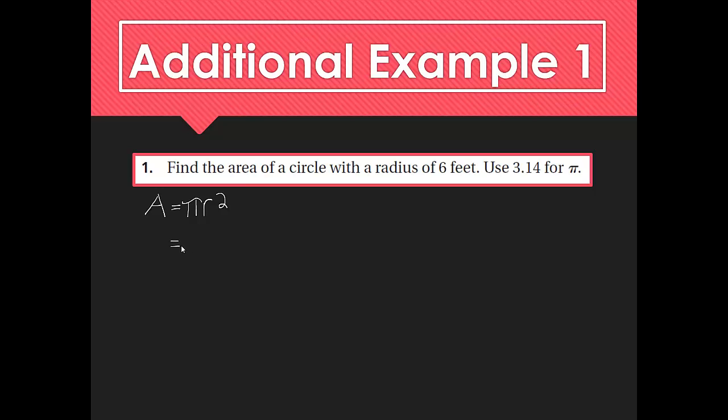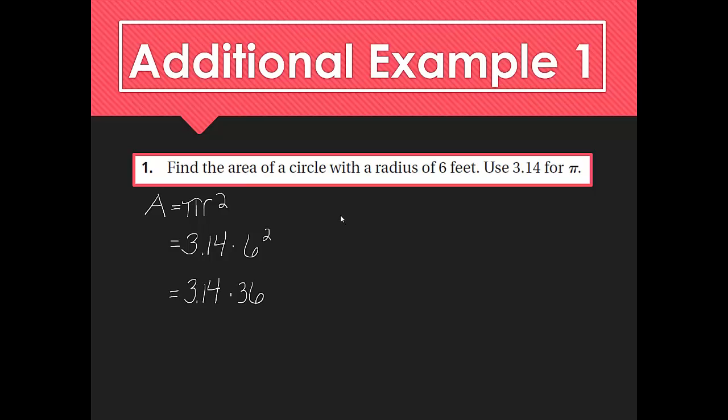It tells us to use 3.14 for pi, so we have 3.14, and then we're going to multiply that by the radius squared, so times 6 squared. 6 squared is 36, so we have 3.14 times 36.